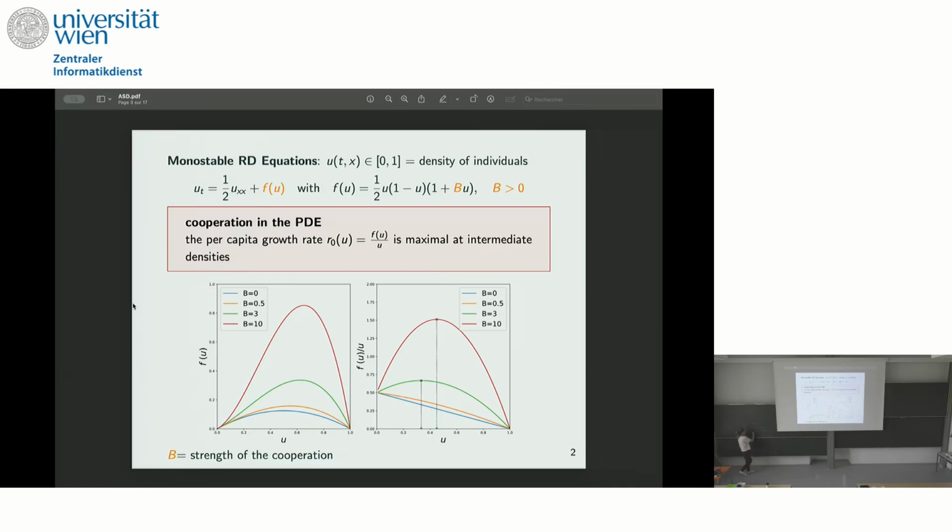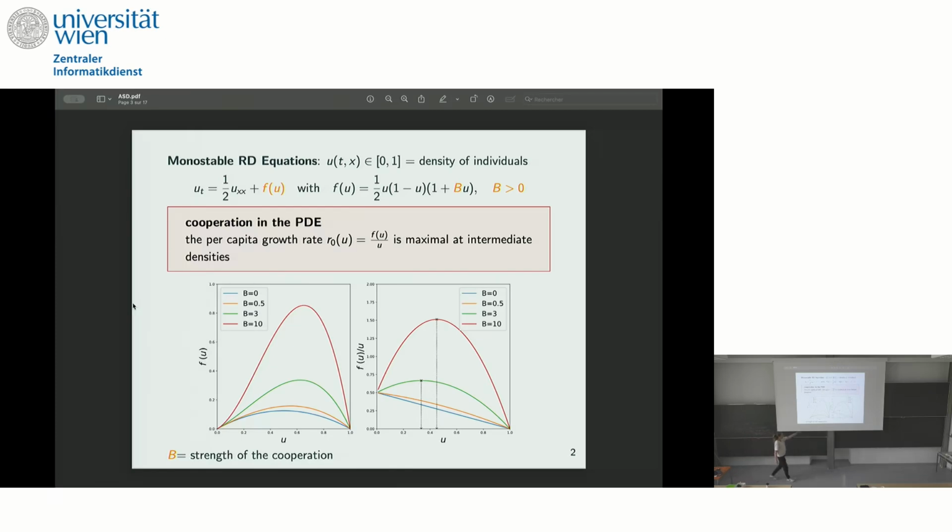And in this case, I will say that there is cooperation in my PDE. Why? You see that in the first case, to get the best per capita growth rate, the best strategy is to be completely isolated. Whereas in this case, it's better for you to be in a small group of individuals, whose size is given by this u0.